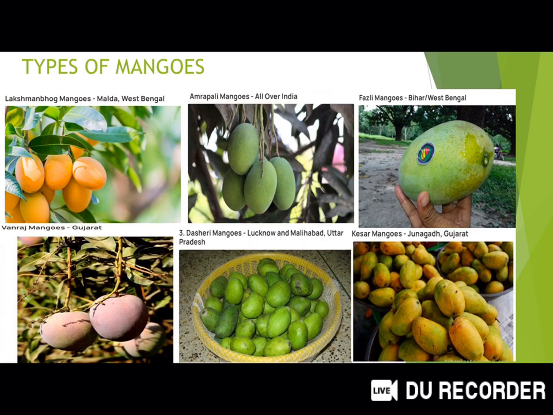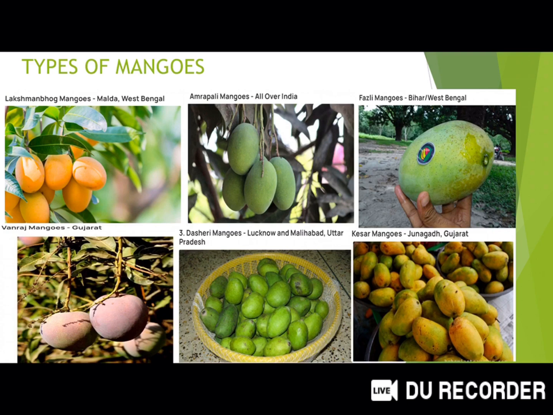The next is Amrapali mangoes. It is found all over India. The next one is Fazli mangoes, found in two states, Bihar as well as West Bengal.